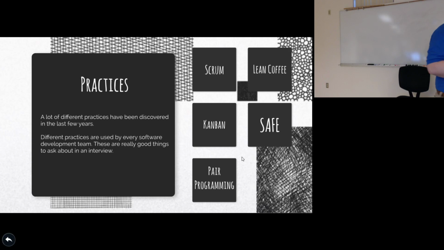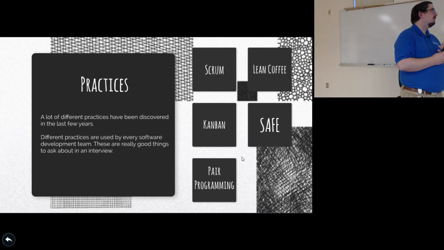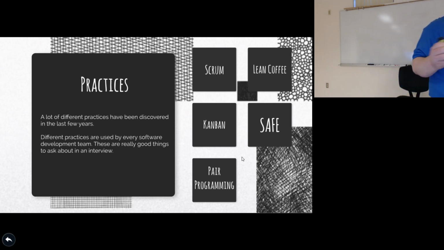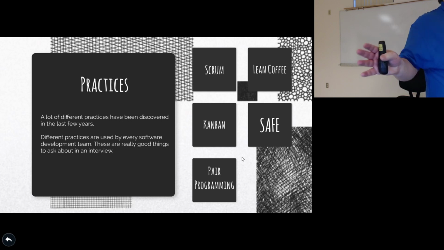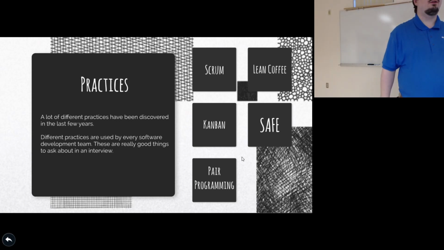So, over the years, we've discovered a lot of different ways to do Agile and a lot of different tools that can make that work. There's a lot of different practices out there. Every company really has their own flavor. The way that every company does Agile is completely different.